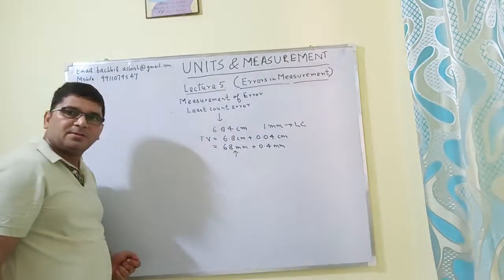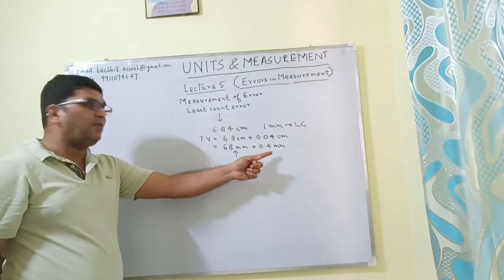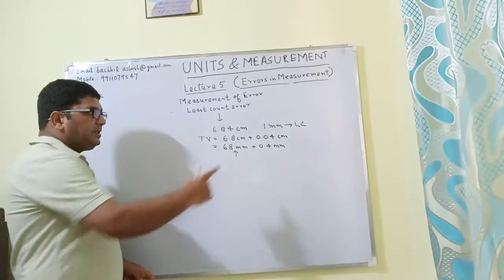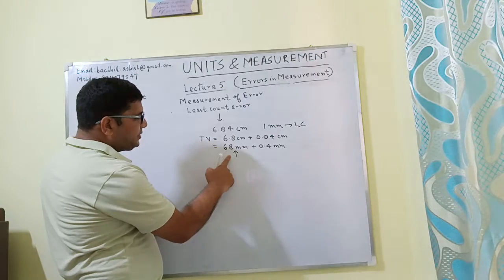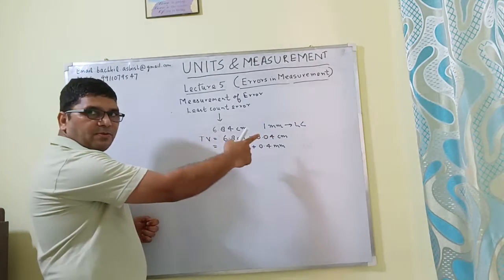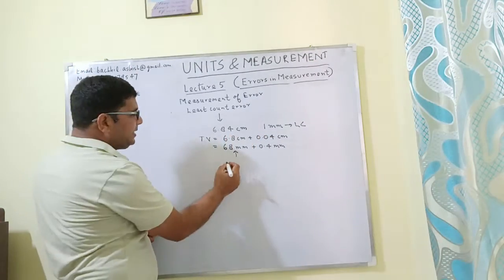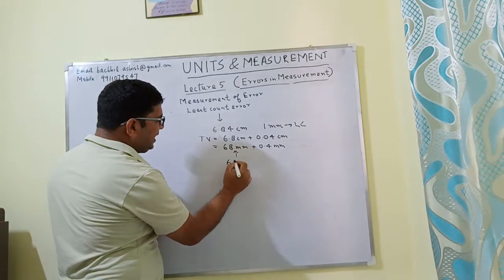But what about this 0.4 mm? The measuring instrument can measure 68 mm and the least count is 1 mm, so the next reading which it will measure will be 69 mm.